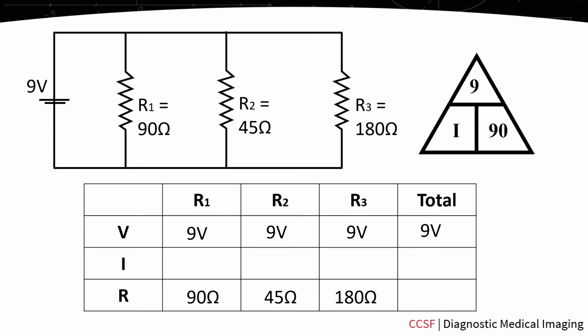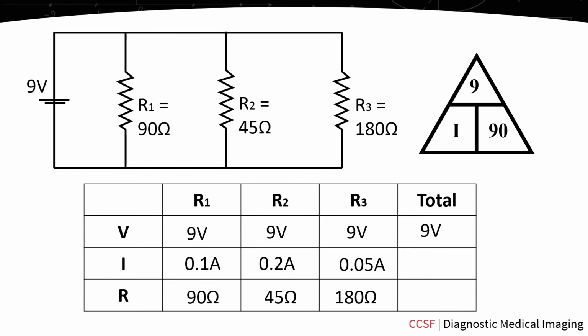If we divide 9 by 90, we get 0.1 amps. So in the R1 column, voltage is going to be 9 volts, current is 0.1 amps, and the resistance is 90 ohms. In the R2 column, we divide 9 by 45 and get 0.2 amps. And in the R3 column, 9 divided by 180 is 0.05 amps.